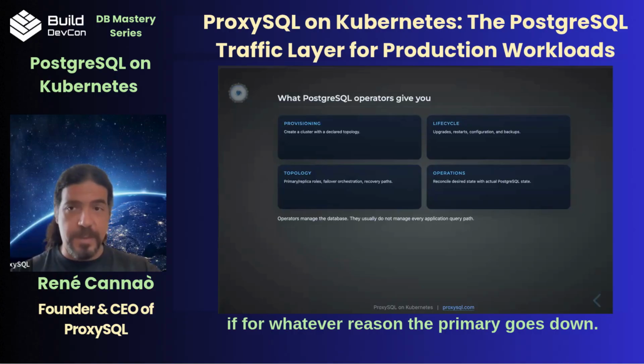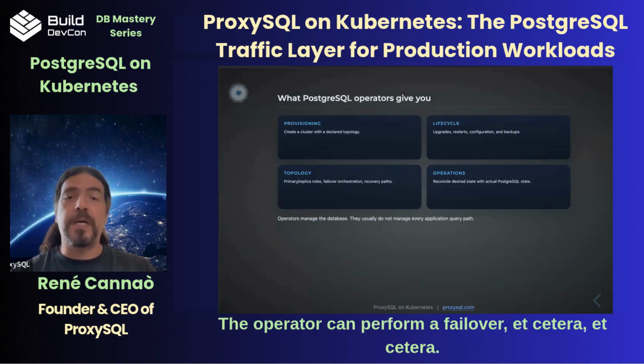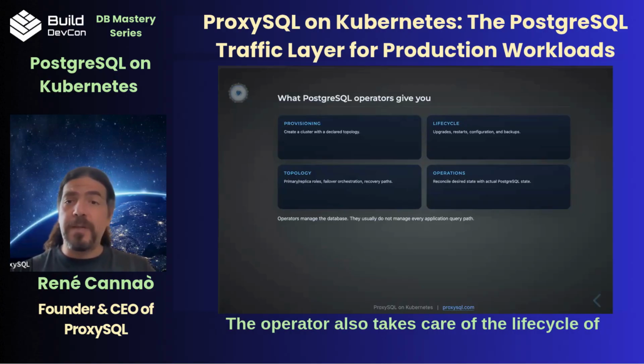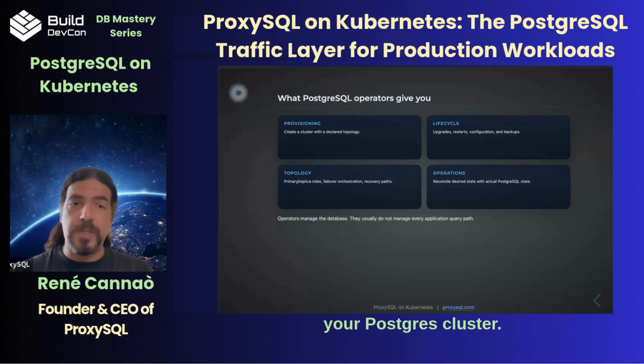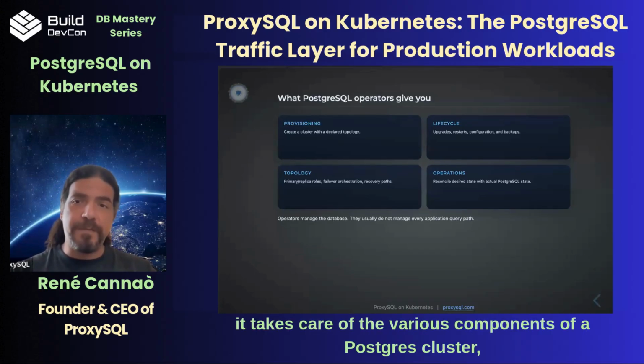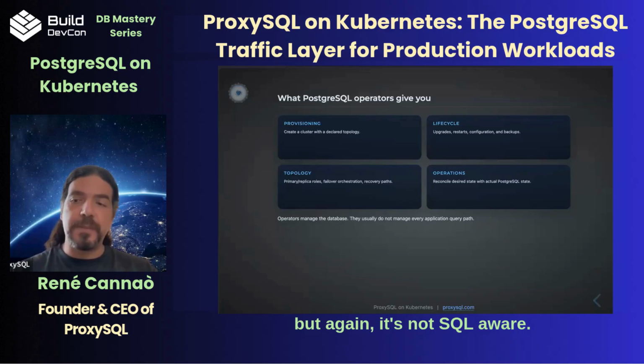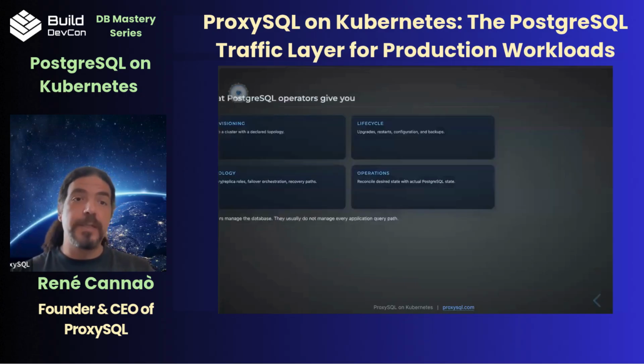If for whatever reason the primary goes down, the operator can perform a failover, etc. The operator also takes care of the life cycle of your Postgres cluster, and again, it takes care of the various components of a Postgres cluster, but again, it's not SQL aware.